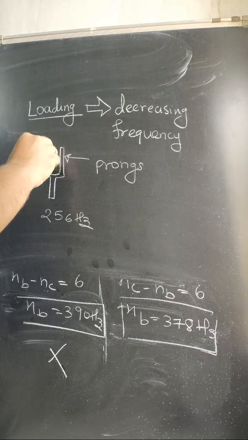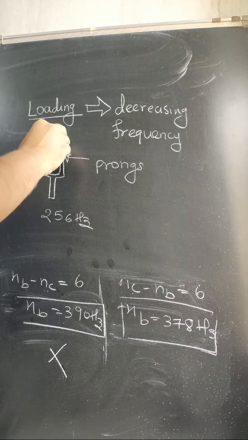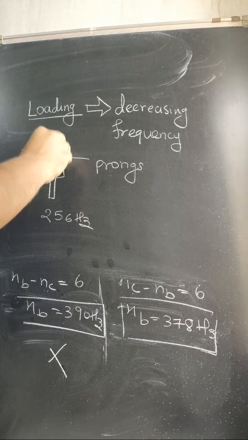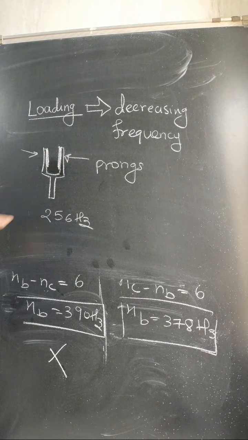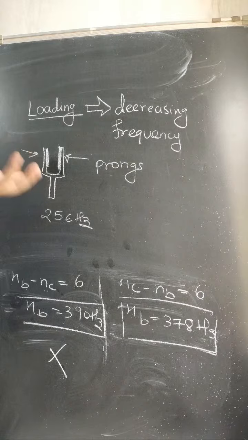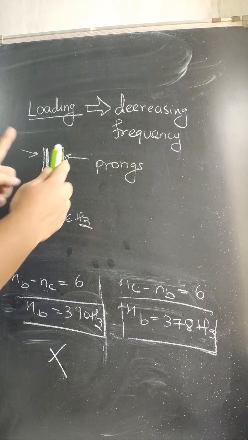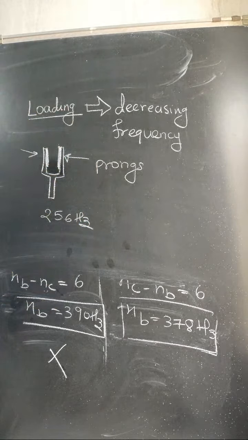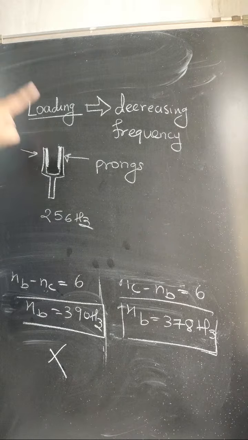You apply wax to the prongs. After applying wax, the prongs have become thick. If the prongs have become heavier, their frequency is going to decrease. So this is what you mean by loading.